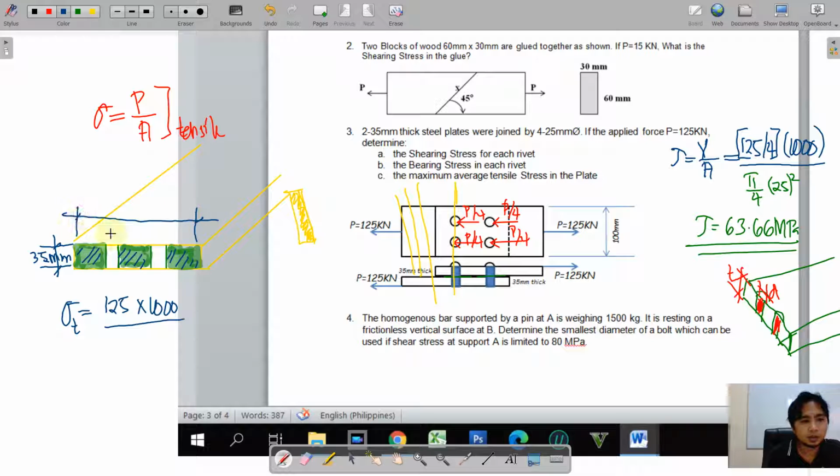Okay, we all know that this is 100 millimeters. So practically that area is the net area. We'll just deduct the spaces or the hollow spaces there.